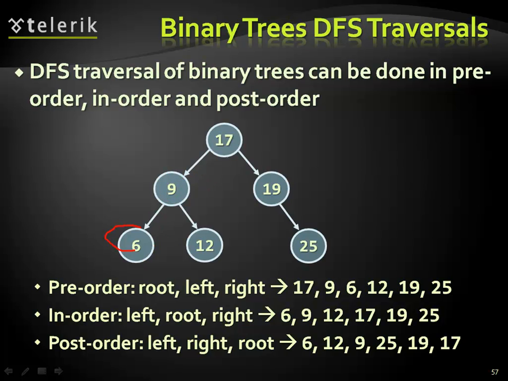So visit first this, and then this. And for this, visit this, then actually visit this, then this, then these. That's an in-order depth first search traversal. The post-order is visit first its 2 children, then visit the node itself.